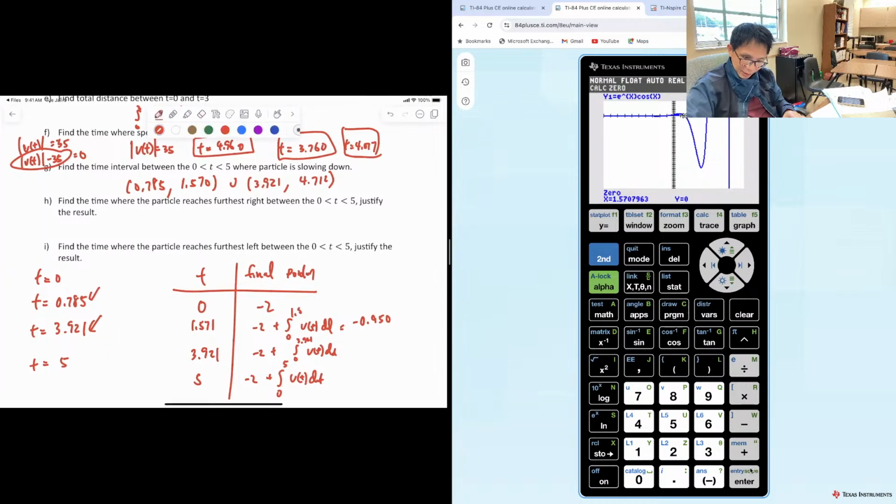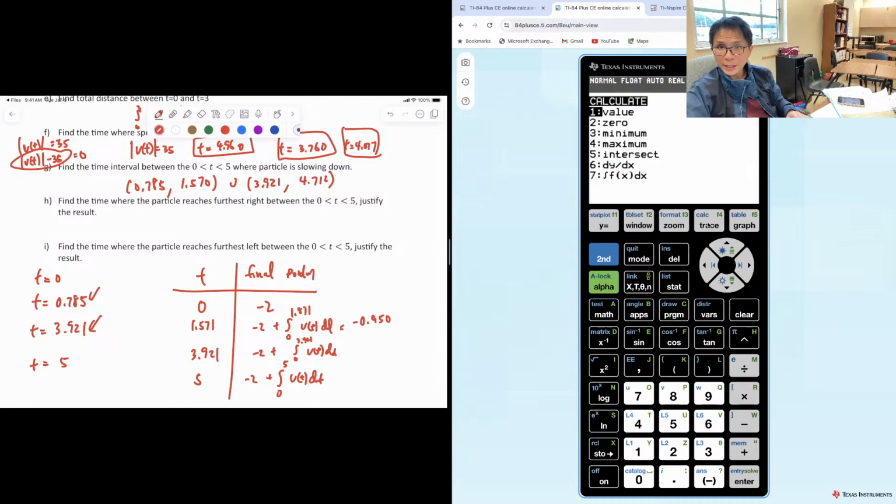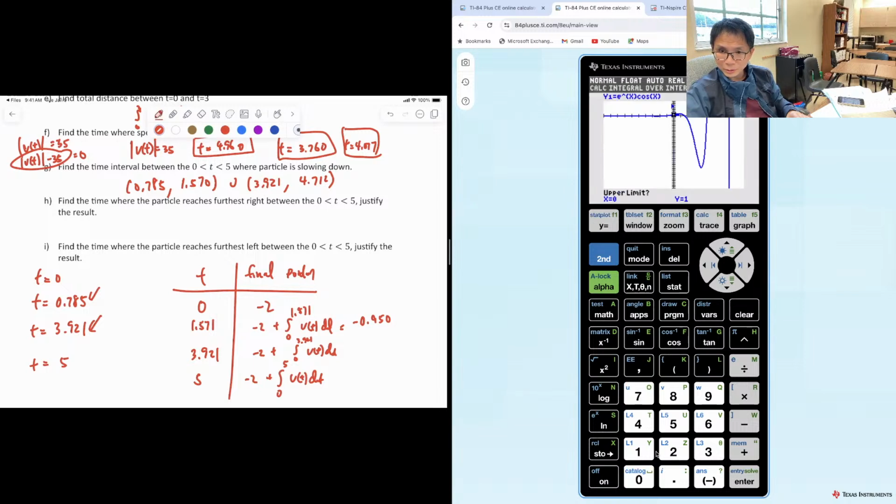That's the first x-intercept. So I'm going to do second calc 7 between 0 to 1.571. Is that okay? Yep. And then plus 1.905, so it'll be, wasn't -2, 0.095.